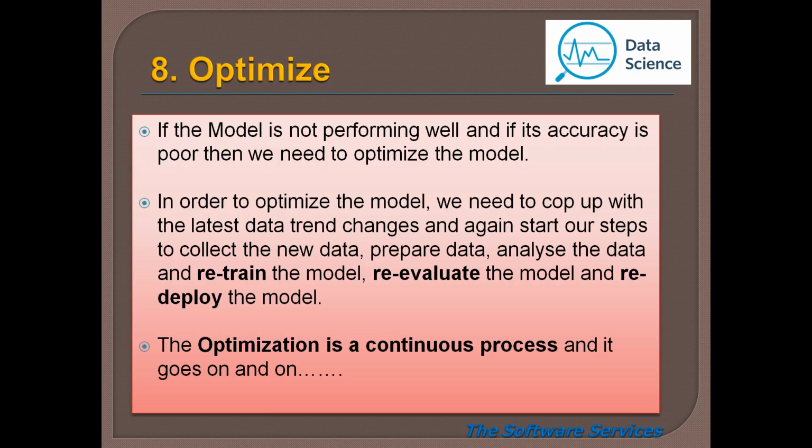So eventually we have to optimize our model by retraining the model and re-evaluating it. To retrain the model, we need to collect the required data. All those things we need to perform again. So this optimization is a continuous process and it goes on and on, guys.